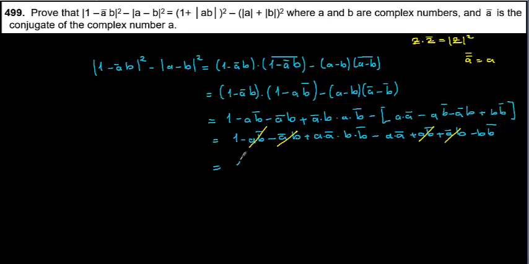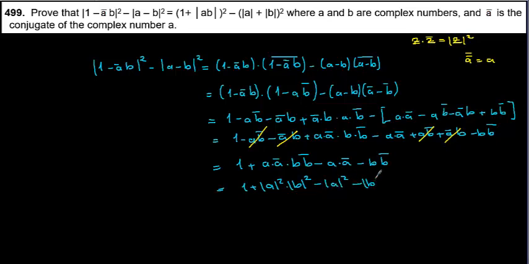Here it is equal to 1 minus A times A conjugate, A times A conjugate, B times B conjugate, minus A conjugate, minus, actually this is plus, minus B conjugate. As I told you, instead of these I'm going to write modulus squares: 1 plus A modulus square times B modulus square minus A modulus square and minus B modulus square.